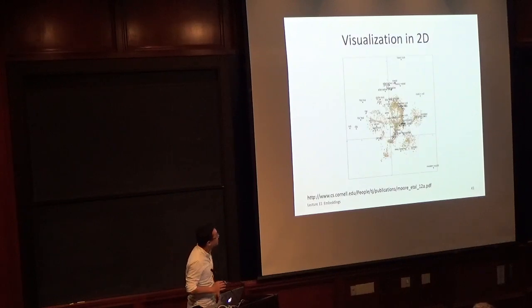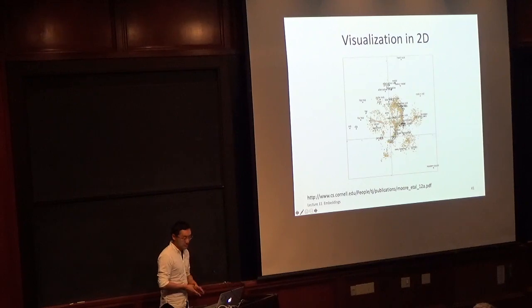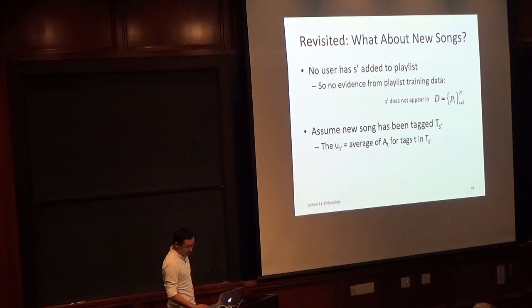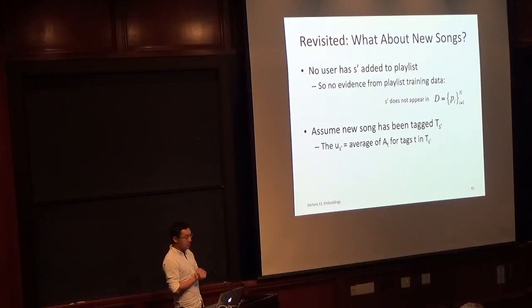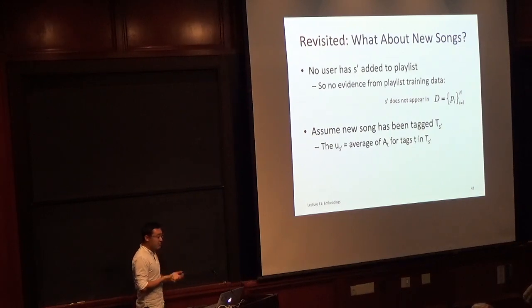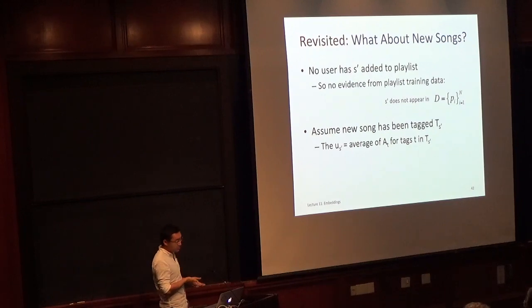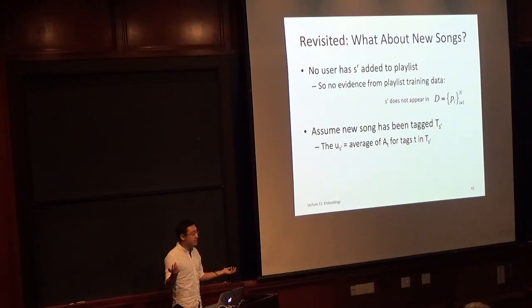And now you can visualize the embeddings of the tags. So here are the embedding locations of the tags. Hip hop's over here, rap, R&B. Tags that probably have similar semantics are located similarly in this embedding space. Now if you have a brand new song, and no user has ever added this new song to a playlist, if this new song has tags, then we can initialize the embedding of this new song as the average of the embeddings of its tags.